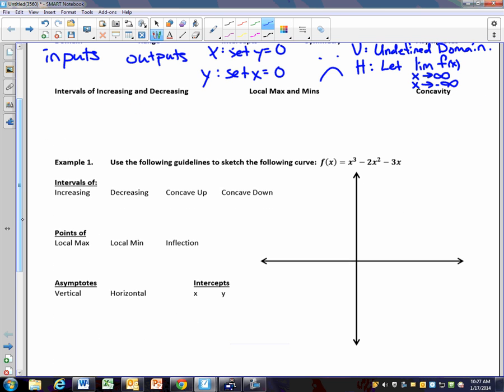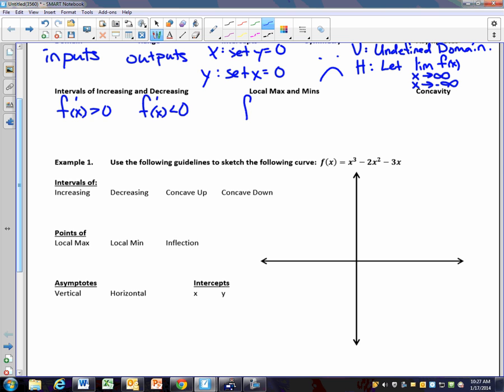Intervals of increasing and decreasing. Increasing happens where f prime of x is greater than 0, and decreasing is where f prime of x is less than 0. Local max, local mins.